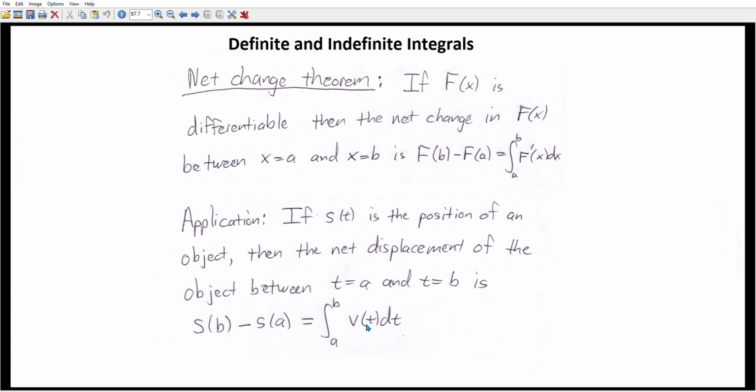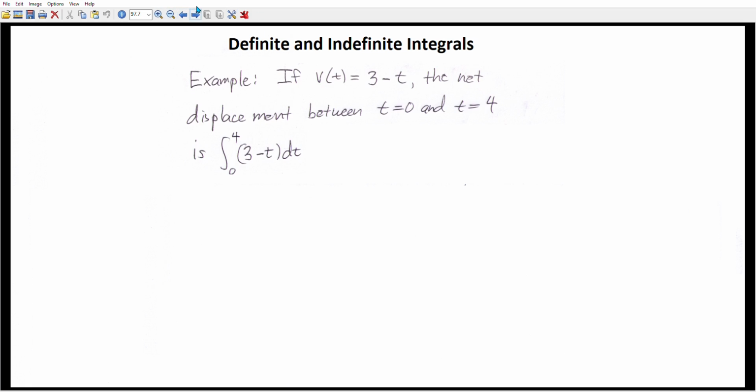And of course, the derivative of position is velocity. So if v of t is 3 minus t, then the net displacement between t equals 0 and t equals 4 is given by the integral from 0 to 4 of 3 minus t dt, which is just 3t minus t squared over 2 between 0 and 4.